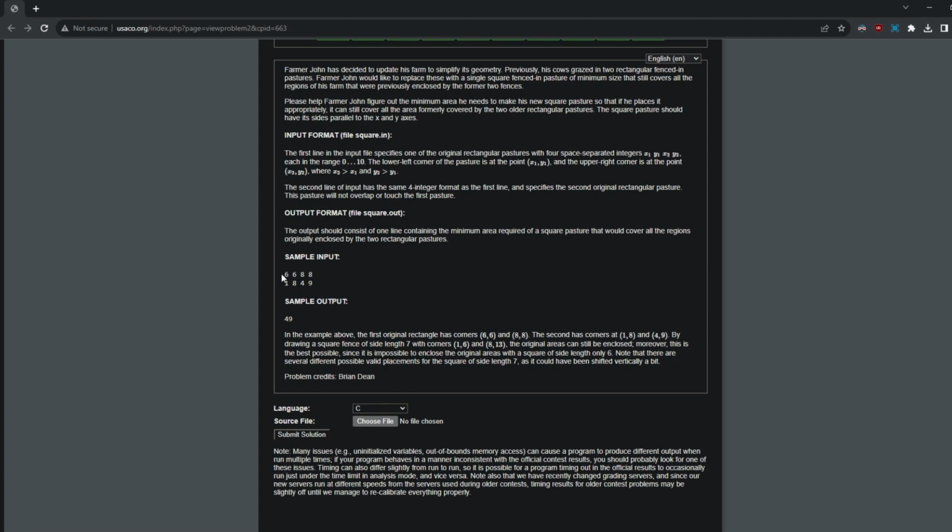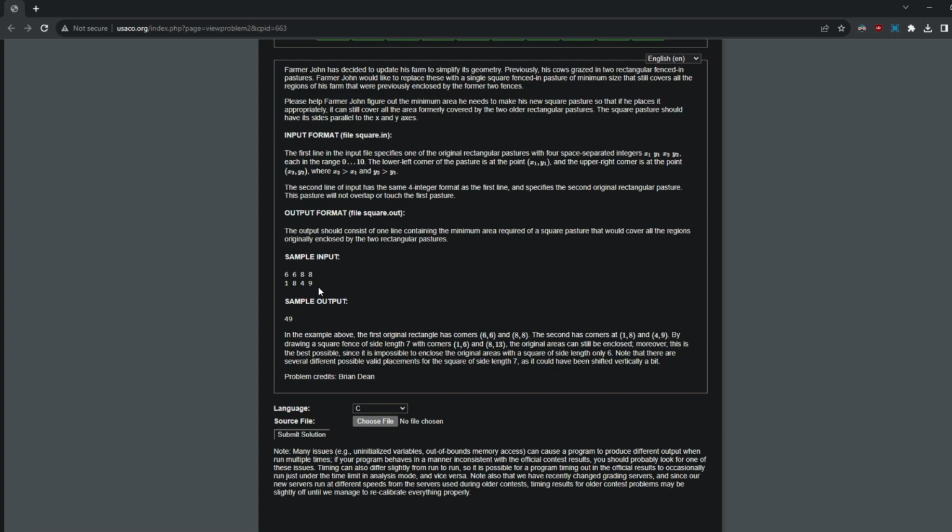If you look here in the sample input, this would be the lower left corner of the first pasture, this would be the upper right corner of the first pasture, lower left of the second, upper right of the second. And for our output, we need to output one line: the minimum area required of a square pasture that would cover all regions originally enclosed by the two rectangular pastures.